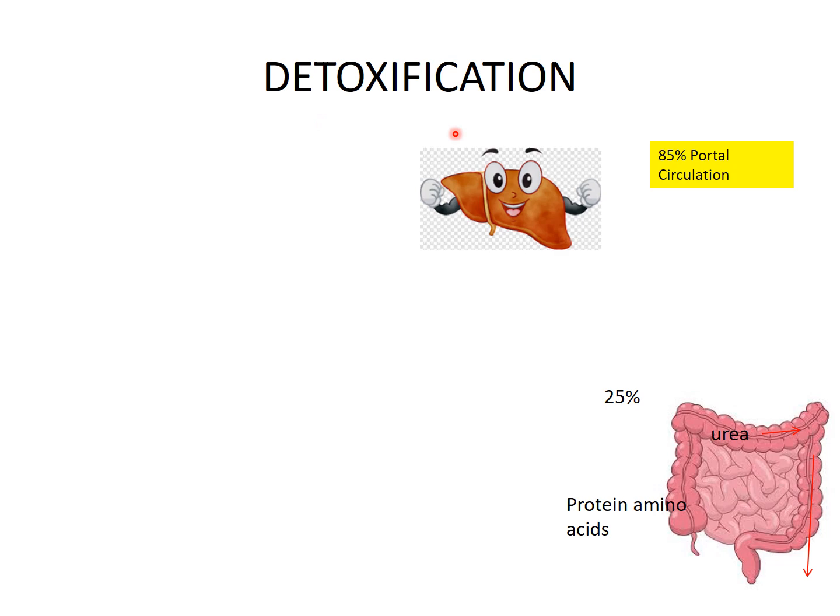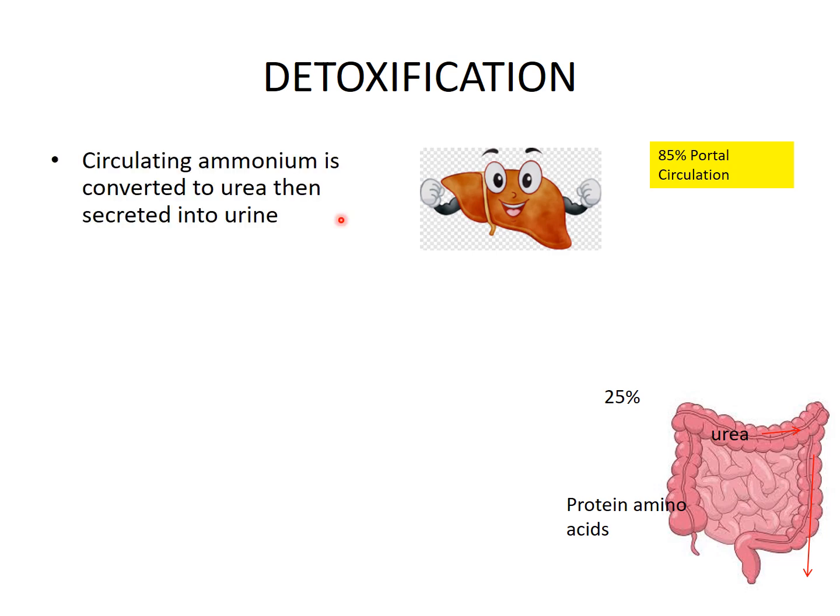We have just studied that Kupffer cells are efficiently removing bacteria and foreign bodies from the portal circulation. This is the blood cleansing action of the liver. Besides this, the biochemical detoxification action of the liver is also there. So detoxification occurs primarily in the liver. And what are the substances which are detoxified?